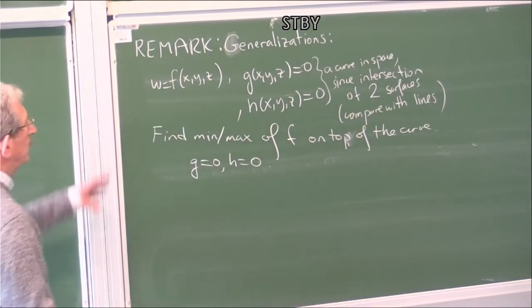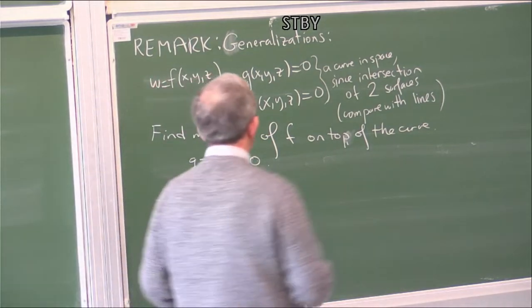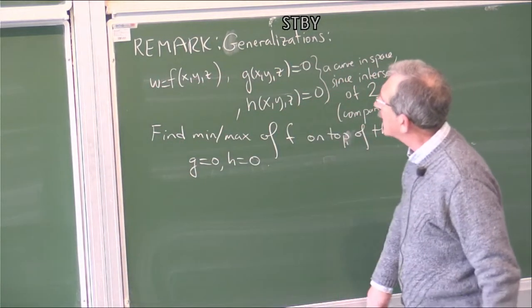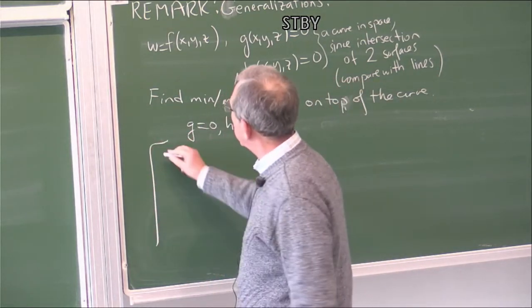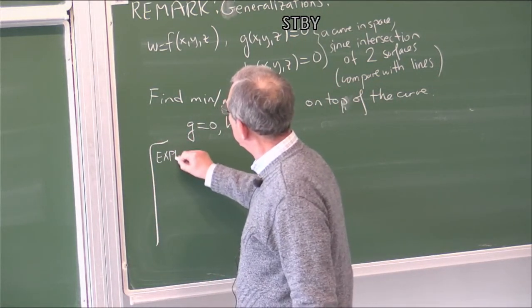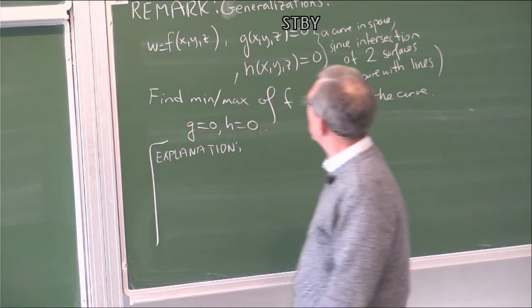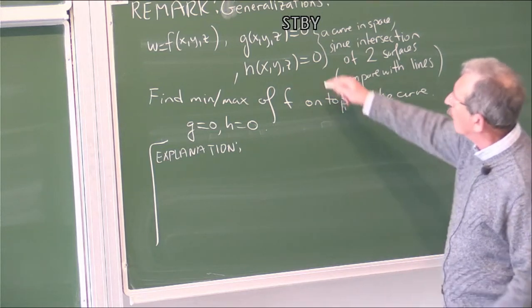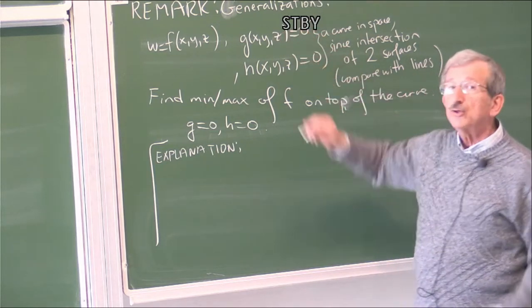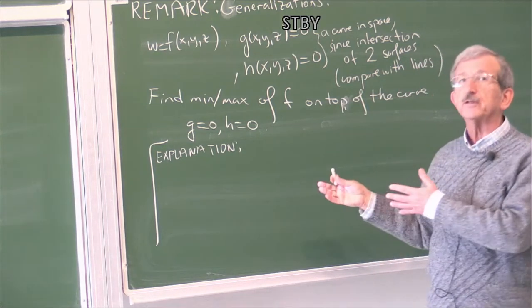So this is just a one-dimension-higher version. So what does all this say? Well, it says the following. Let me just explain first. If we consider the curve which is given by these two surfaces, that curve lies on both surfaces.